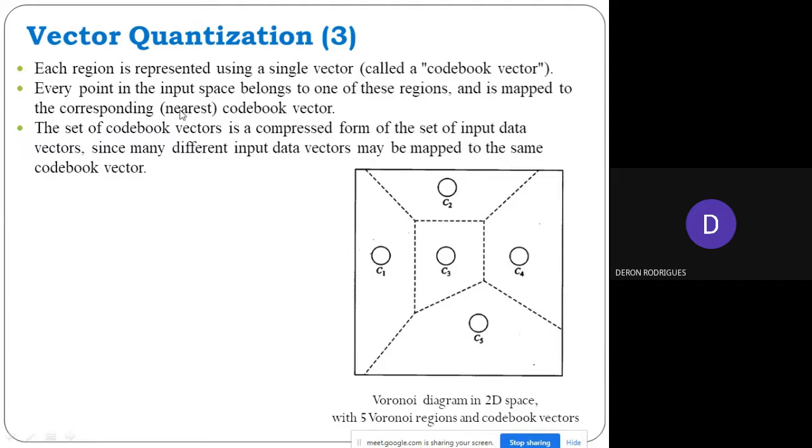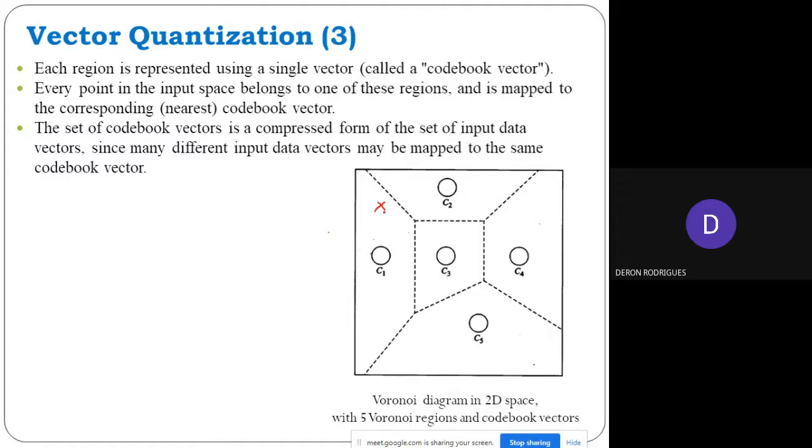So each point in the input space belongs to one of these regions. Yes, because this is the pattern space, whatever is shown in this square, and any point which comes in this will belong to one of the five regions, and it will be mapped to the corresponding nearest code word vector. So supposing there is a point here.